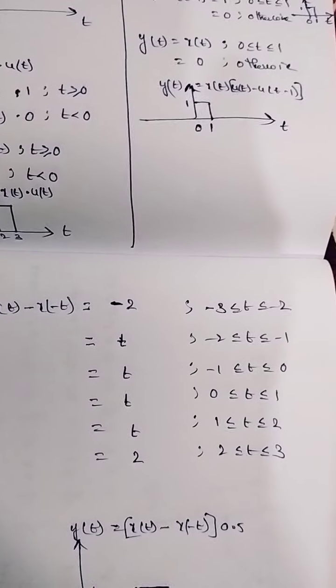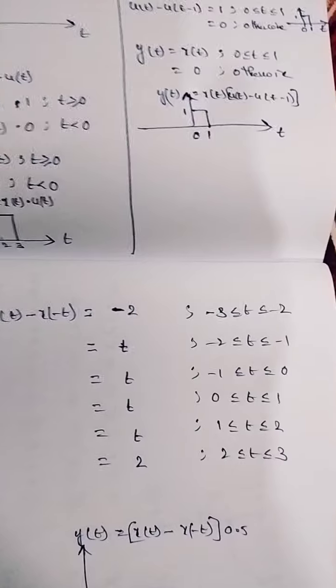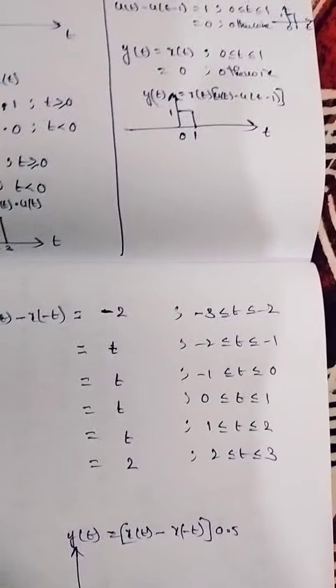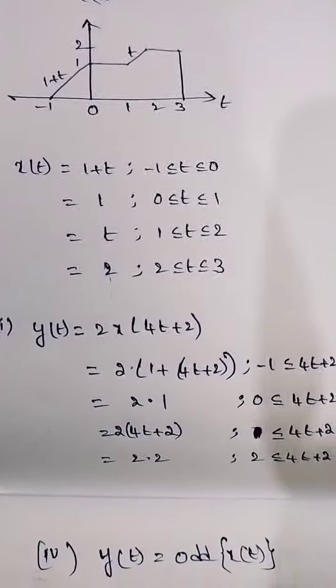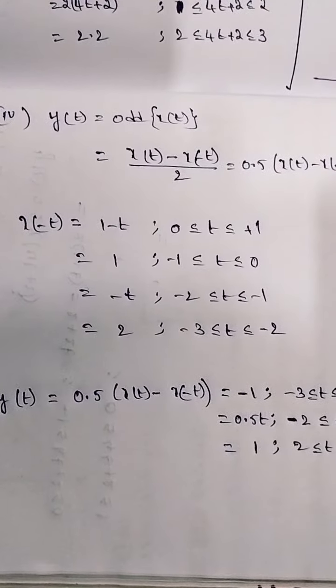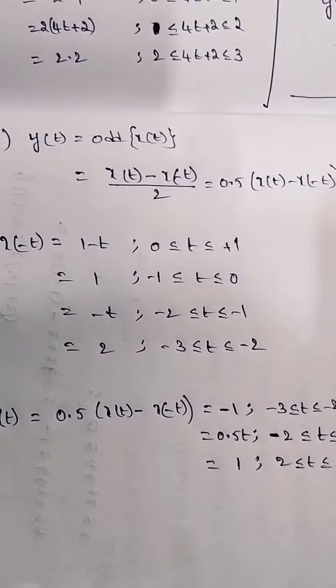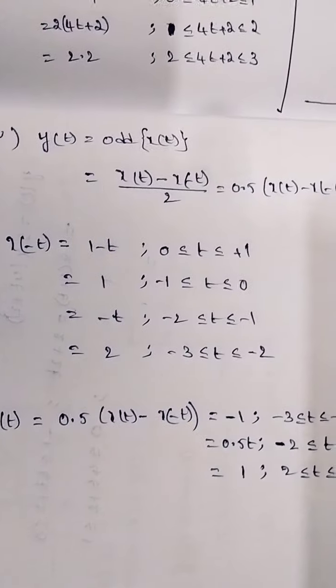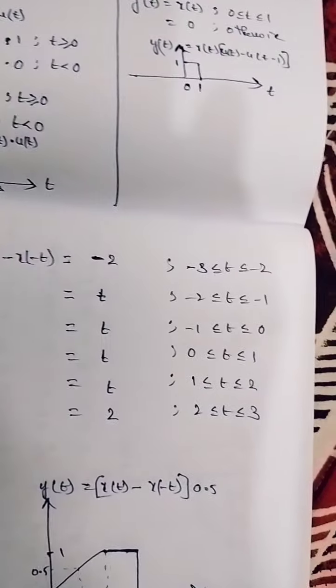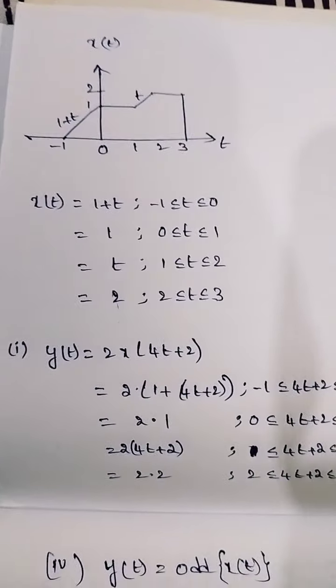In the same way, determine all the amplitude values. Minus 2 to minus 1 range means in x(t) it is 0, but in x(-t) it has the value minus t. So 0 minus of minus t gives plus t.